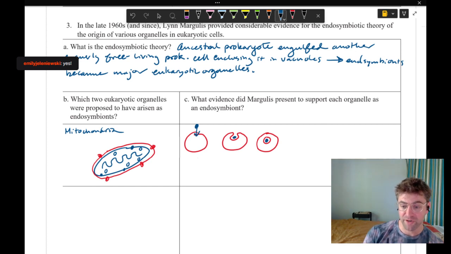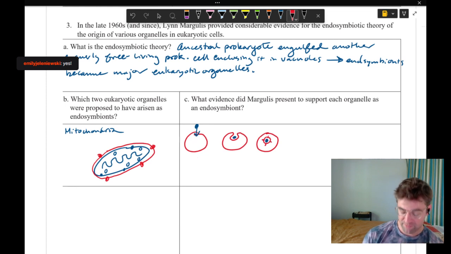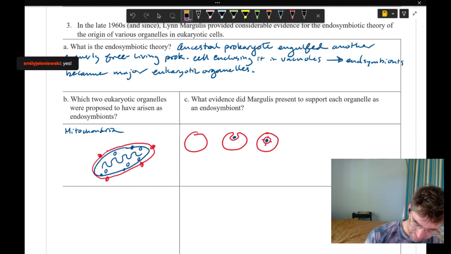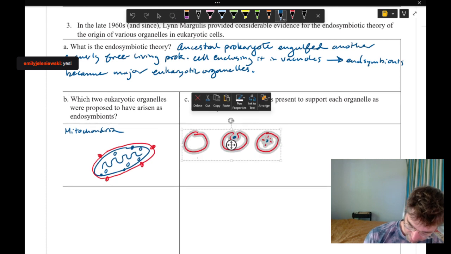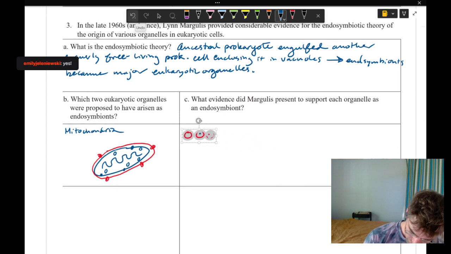And that is the evidence of that double membrane. The outside of this vacuole is going to be studded with proteins that look more like the cell that's on the outside than the cell that it descended from.